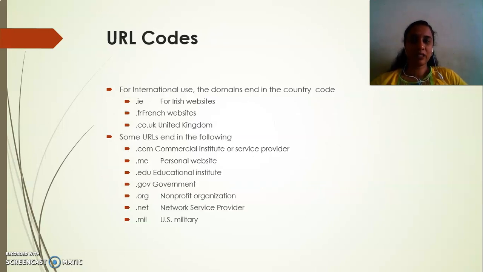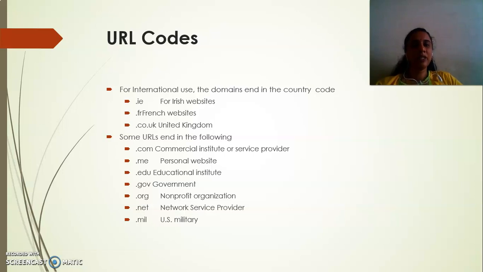Then we have the URL codes. For international use, the domains end in the country code. So .ie indicates an Irish website, .fr indicates French websites, .co.uk is for the United Kingdom.